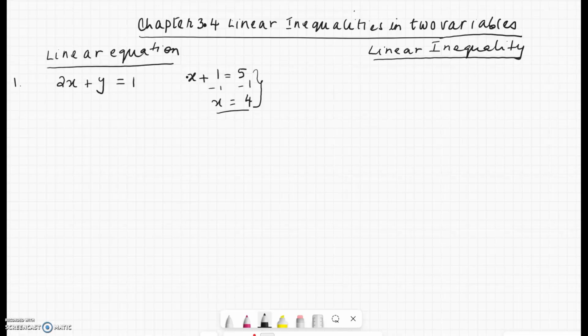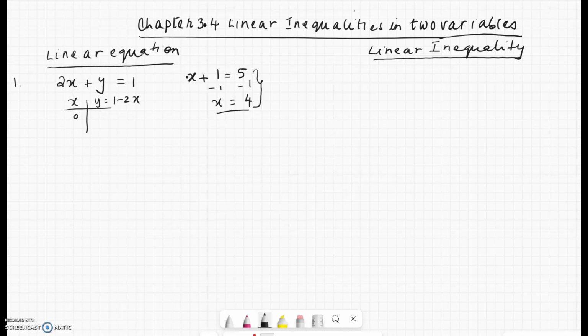But in this sort of equation, there are two unknowns, x and y, and they come in pairs. So I can find solutions. For example, if I plug in a 0 for x, then I get y, which is equal to 1 minus 2x if I solve for y.